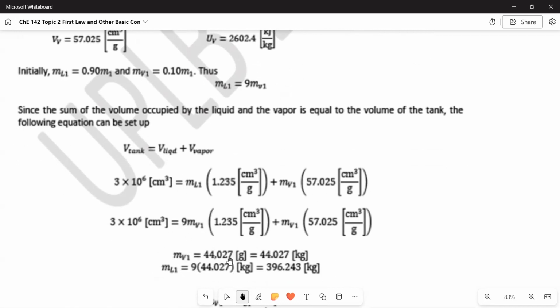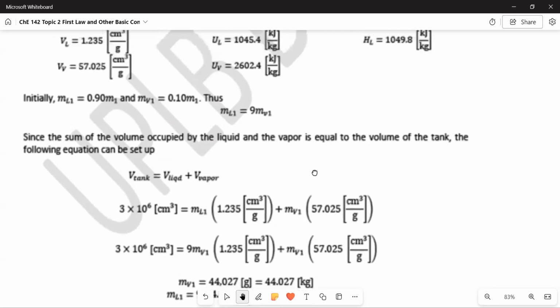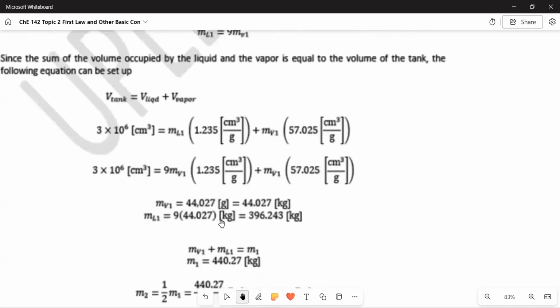And we were able to calculate the mass of the vapor at the initial state. And next is calculating for the mass of the liquid. We simply use this equation to calculate for the mass of the liquid at the initial state. And therefore, the total mass, you just add the two, it would be here.